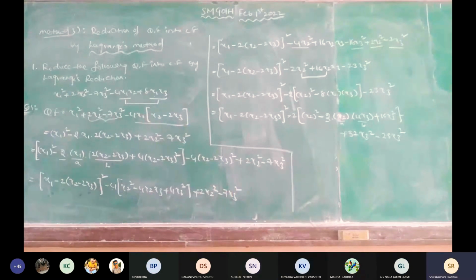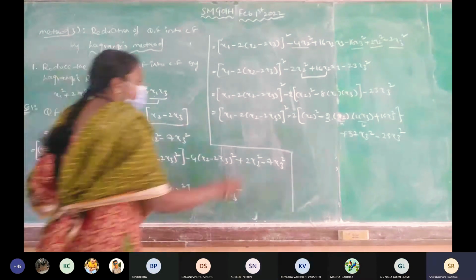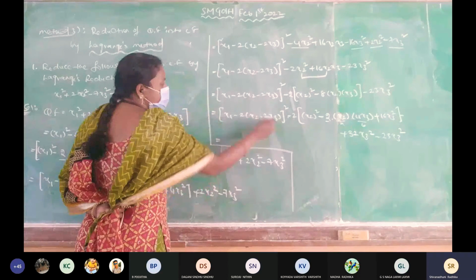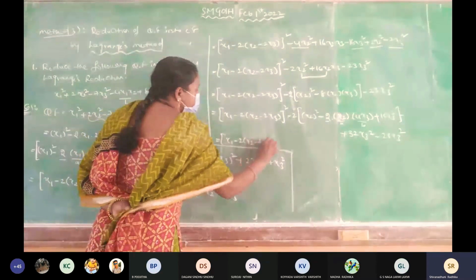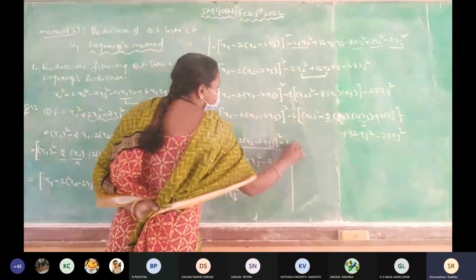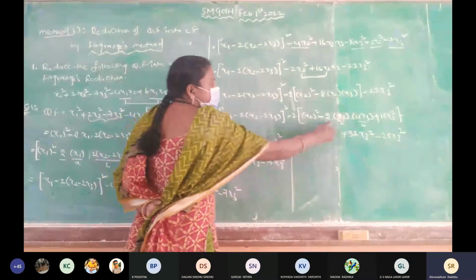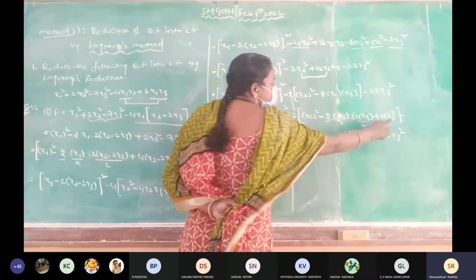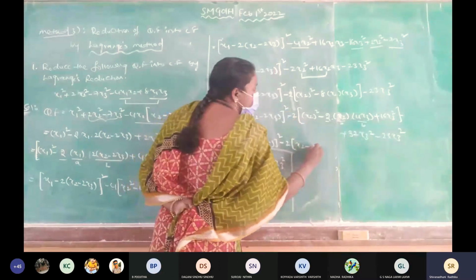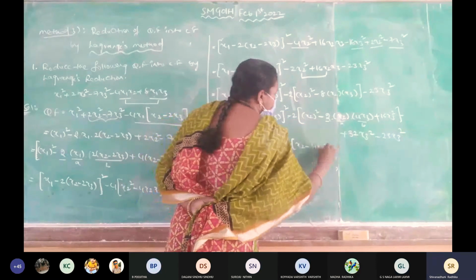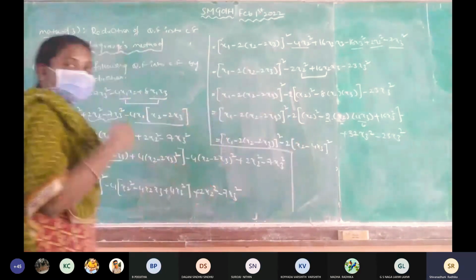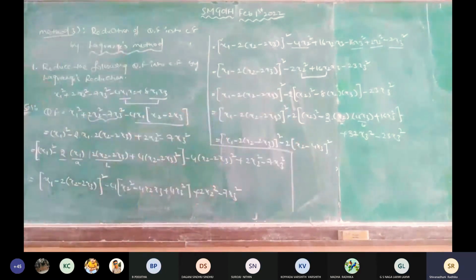Okay, now same as it is. This is a minus b whole square: x1 minus 2 into x2 minus 2x3 whole square minus 2 into a square minus 2ab plus b square, so that is x2 minus 4x3 whole square. Clear? a minus b whole square.